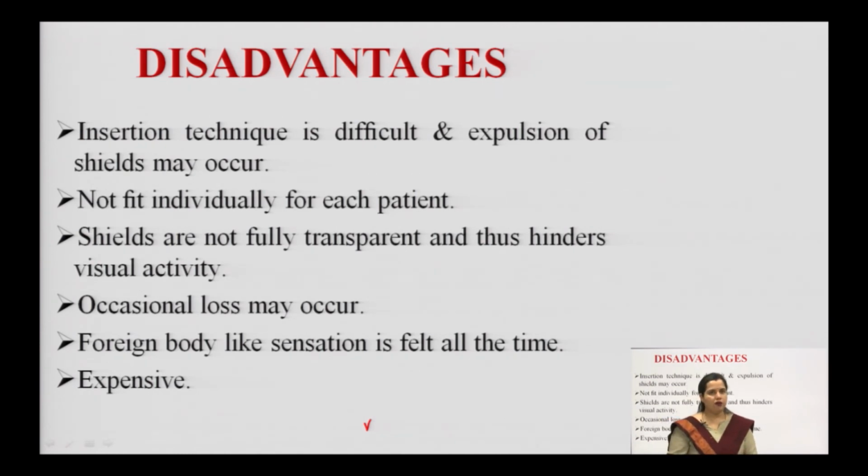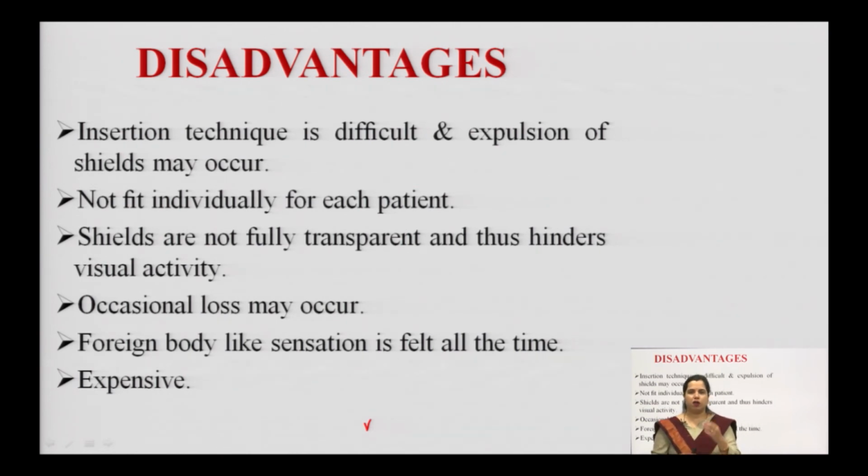Shields are not fully transparent and thus hinder visual activity. Though it is mentioned that it is put in the cul-de-sac part, some sort of contact lenses, right, and collagen shields interfere with the vision and result in blurry vision. Next, foreign body like sensation is felt all the time.